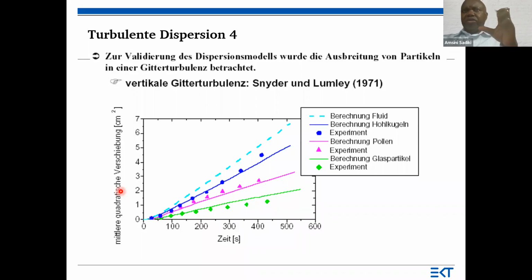So it is the deviation of the velocity with respect to the mean value. And we see that if we consider this dispersion model, we can correctly obtain the behavior we are looking to include in our calculations.